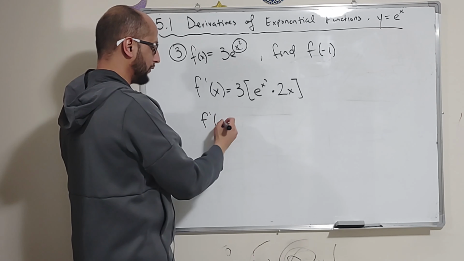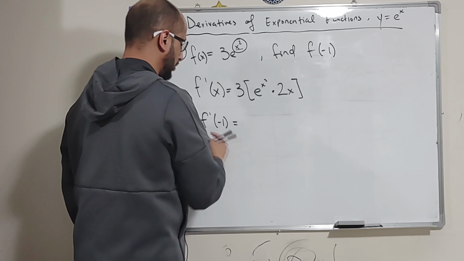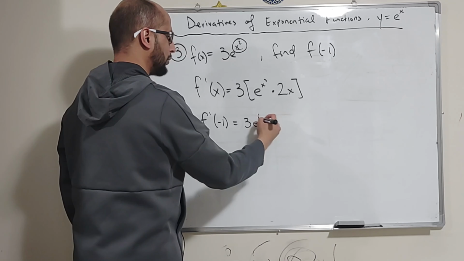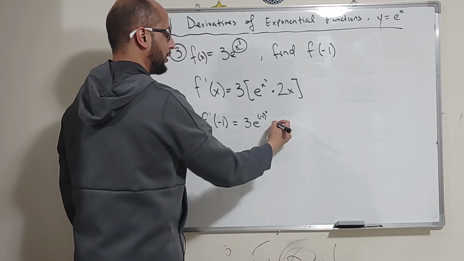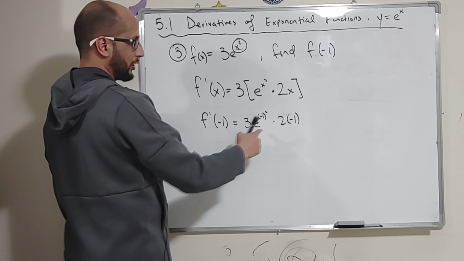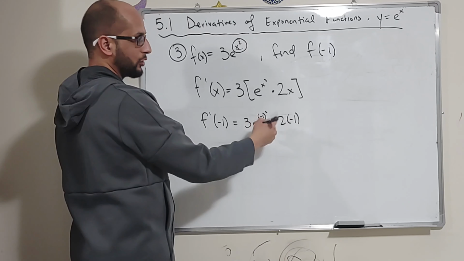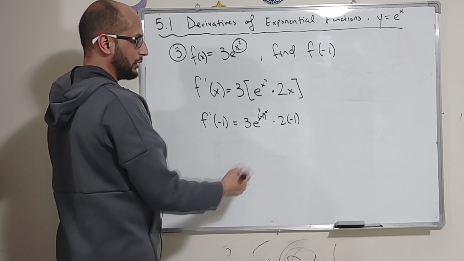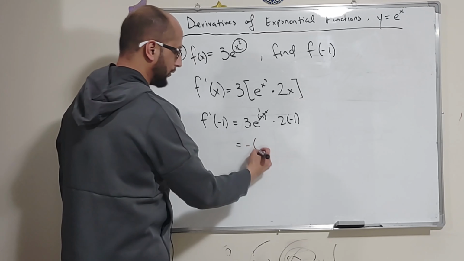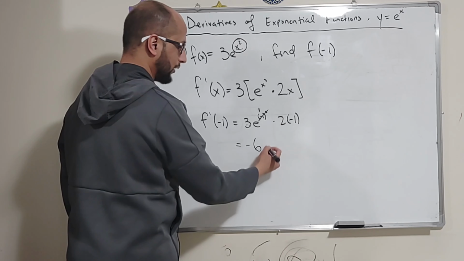And now you want to find the derivative at negative 1. So we have 3e to the power of negative 1 squared times 2 times negative 1. So e to the power of negative 1 squared just becomes e to the power of 1. So it's 3e times negative 2. So 3 times negative 2 is negative 6e.